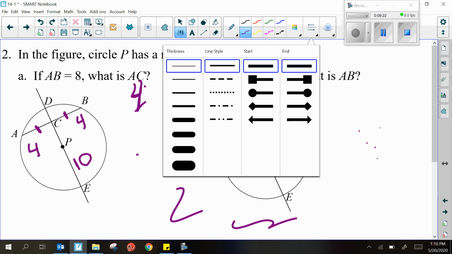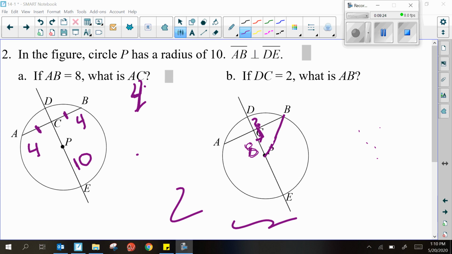If this side is 8, I know what BP is. That's the radius, so that's 10. I just have to figure out what CB is by using the Pythagorean theorem. Or maybe you recognize this as a 3, 4, 5 triangle and already know it.